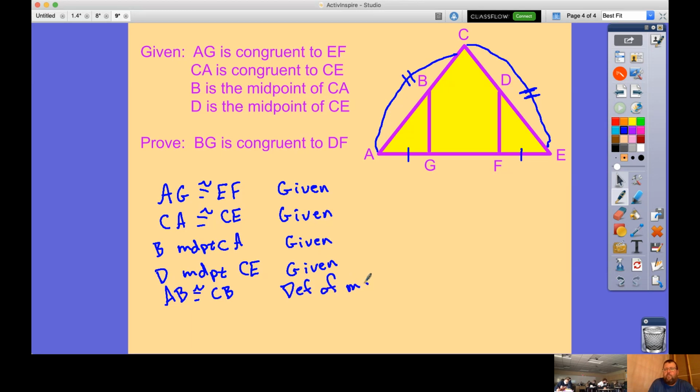Okay, now for your reasoning, you just have to make it make sense to me. If you just said, well, midpoint means it's in the middle, so then AB and CB have to be the same, I am good with that.